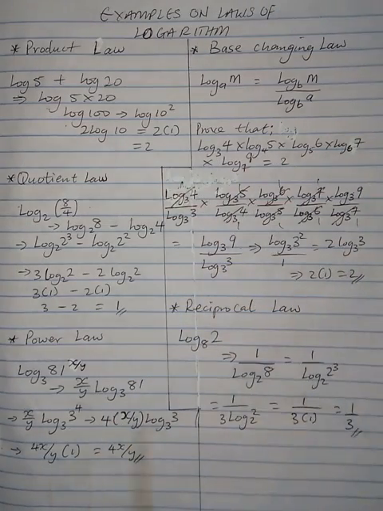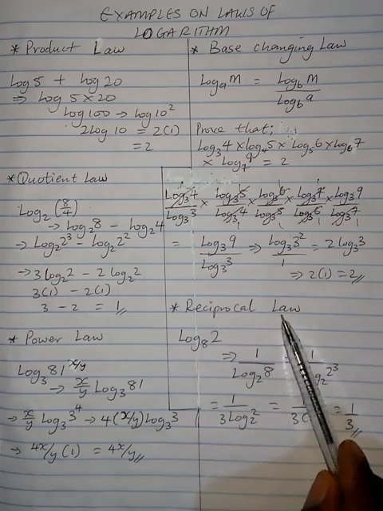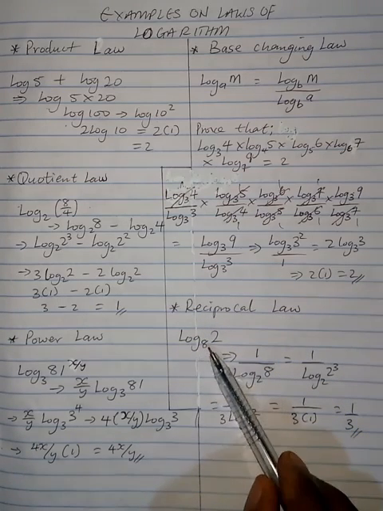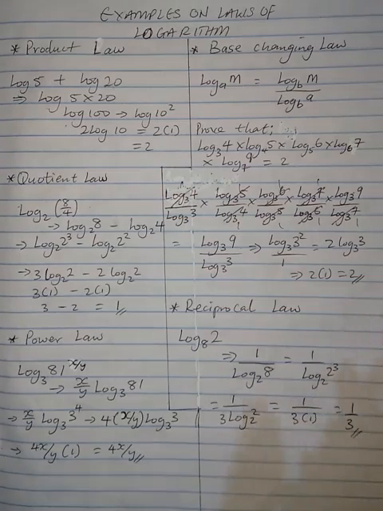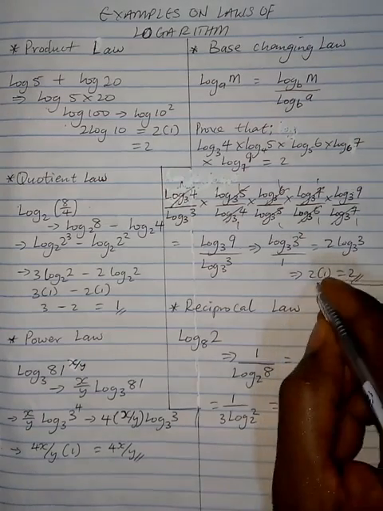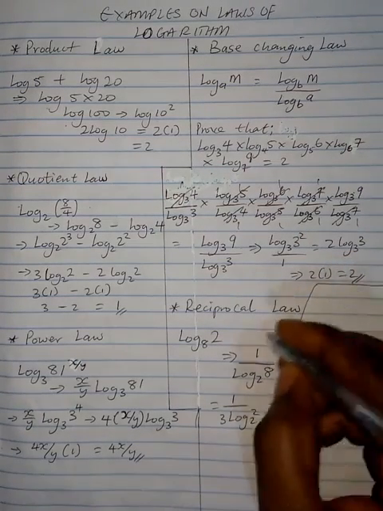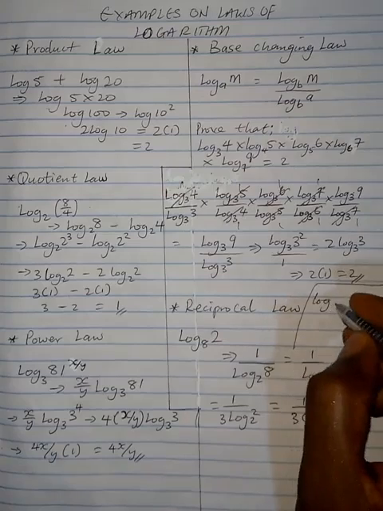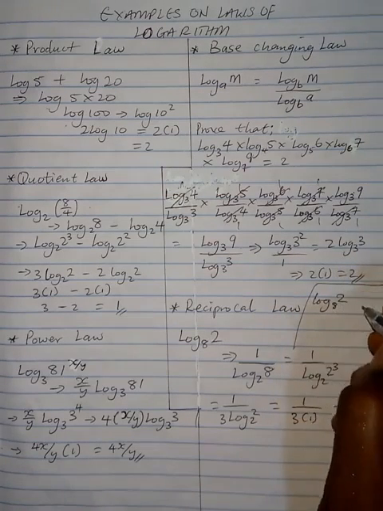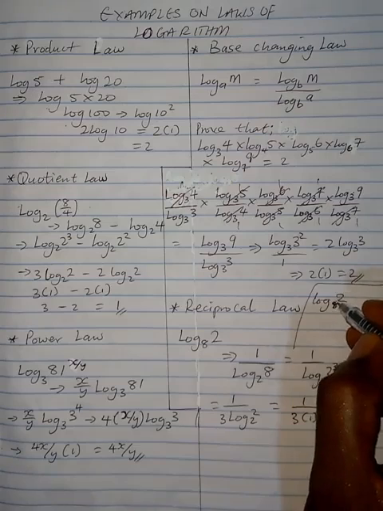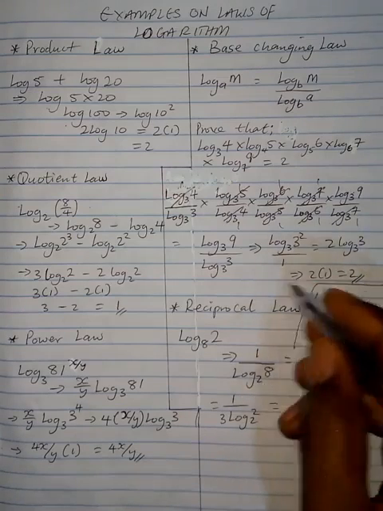Okay, all right. Now reciprocal law. Under reciprocal law, we have logarithm of 8 to base 2. Now in this case, assume, for example, I have something like log 2 base 8, and I want to solve it like ordinary logarithm, like we did before.